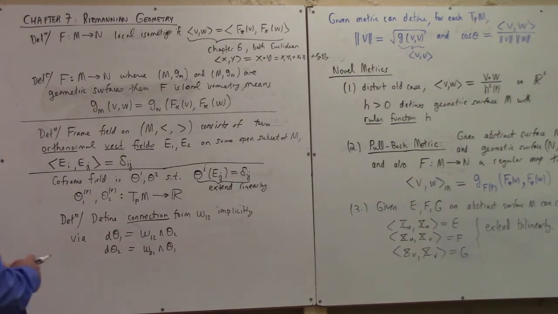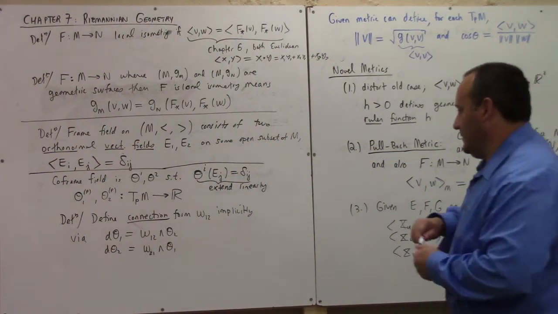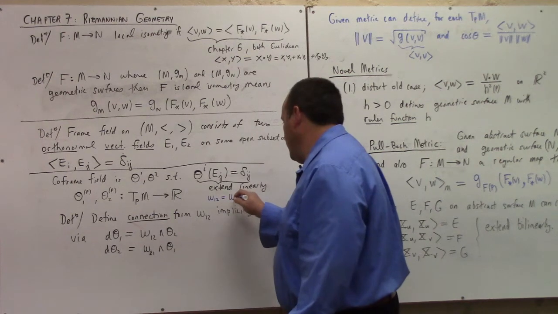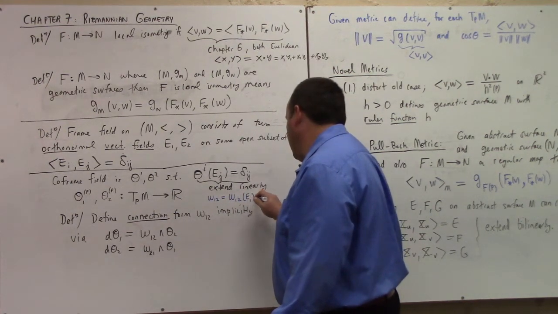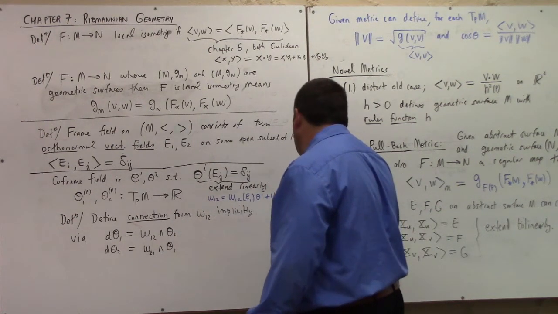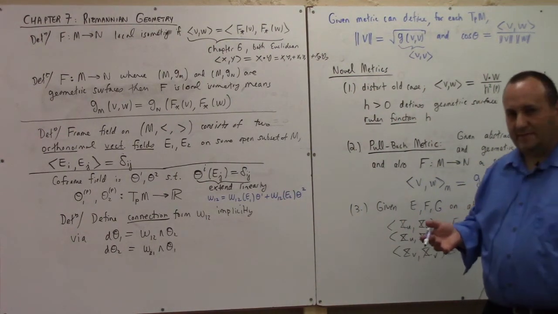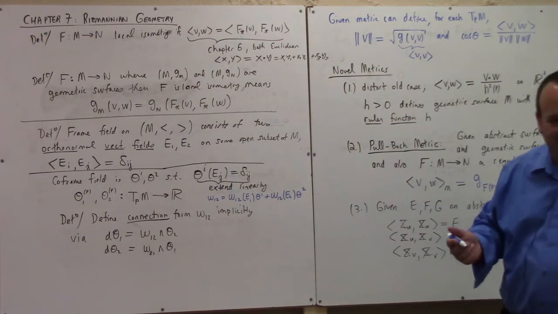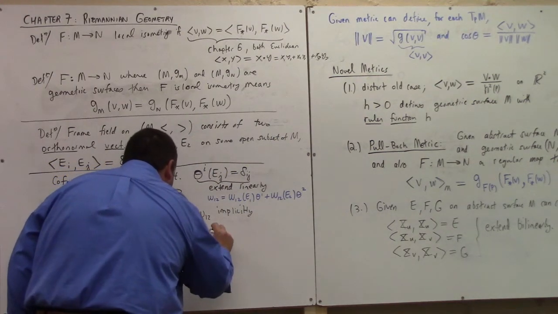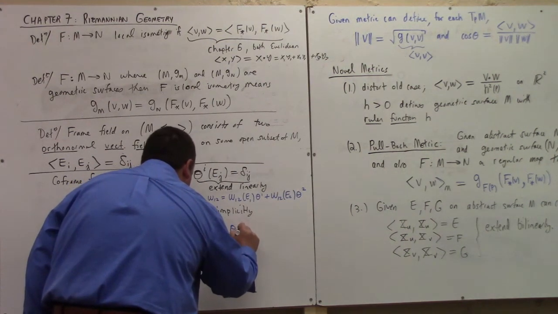Now, remember we talked about this before. I'll write it here. Omega 1, 2 is like omega 1, 2 of E1 theta 1 plus omega 1, 2 of E2 theta 2. Just to be explicit about me being implicit, you could replace this with omega 1, 2 of E1, theta 1, wedge theta 2.